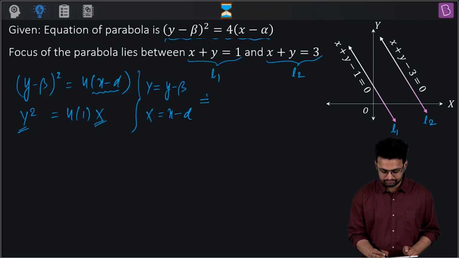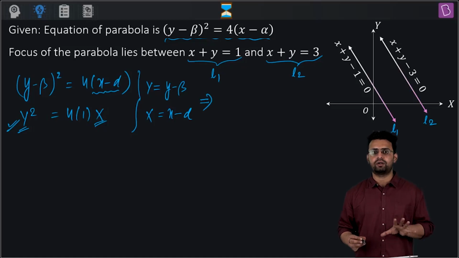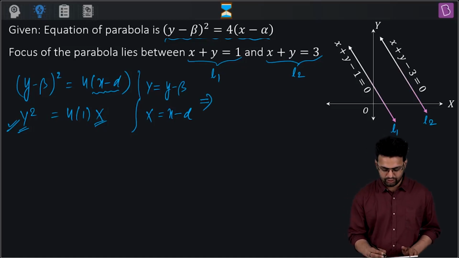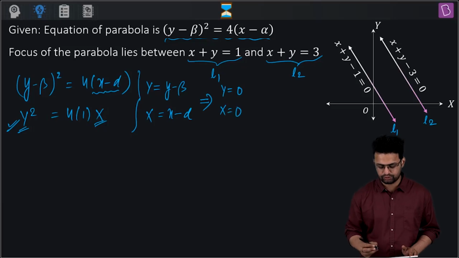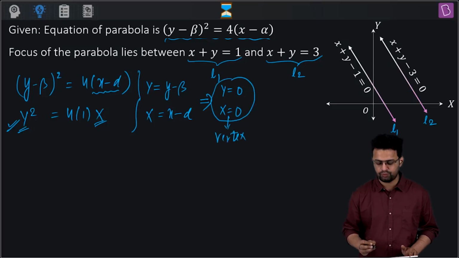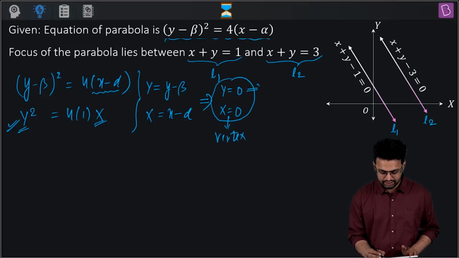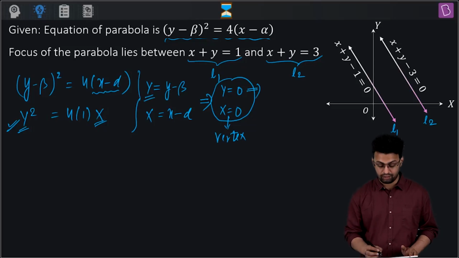Moving further, with respect to the new origin, what are the coordinates of the vertex? The coordinates are Y is equal to 0 and X is equal to 0. These are the coordinates of the vertex with respect to the new origin. That means if in place of capital Y I place y minus beta, y minus beta becomes equal to 0.